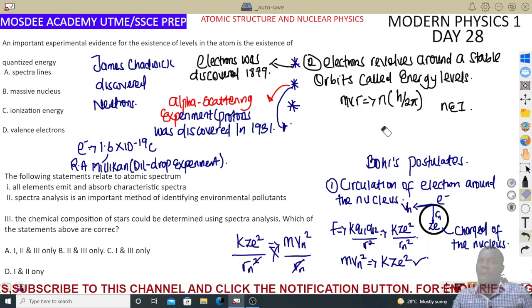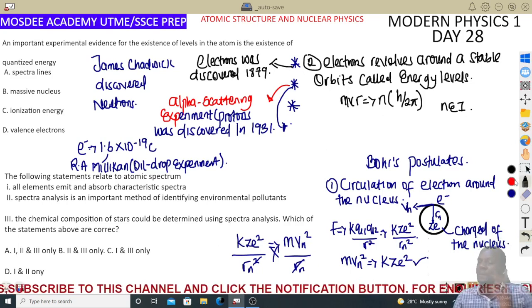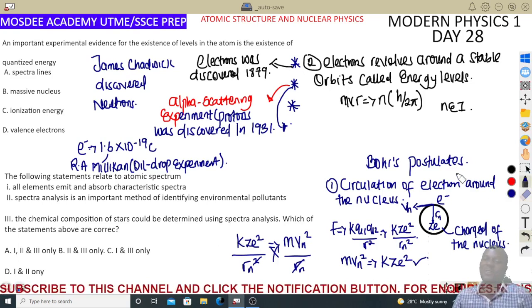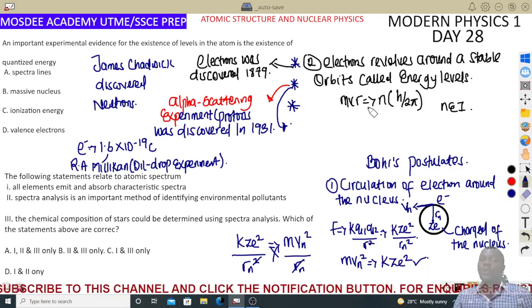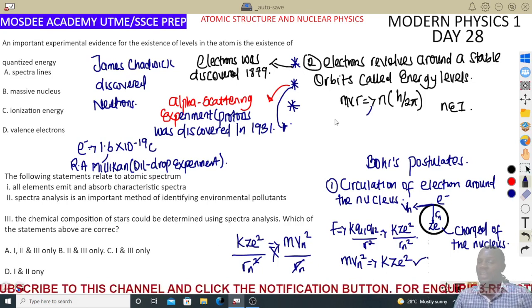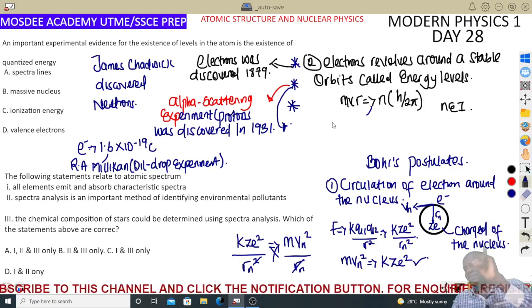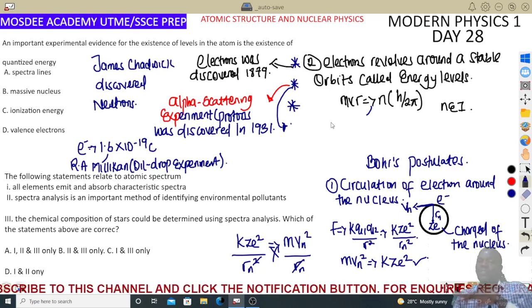Now, about Bohr's hypothesis, you also need to keep in mind, I am rushing, I am very sorry, I am rushing you guys, that it is only applicable for hydrogenic atoms. When I say hydrogenic atom, it is a one-electron atom.